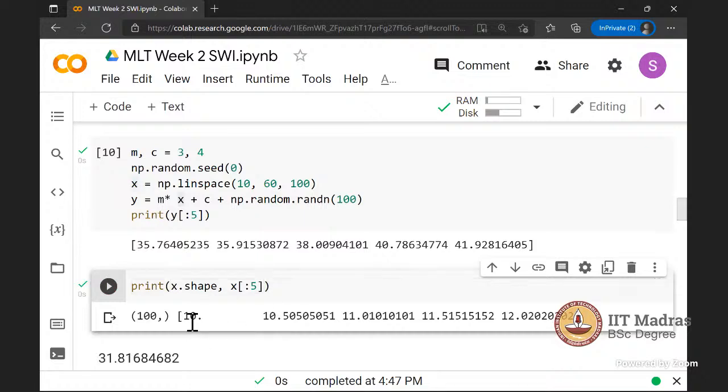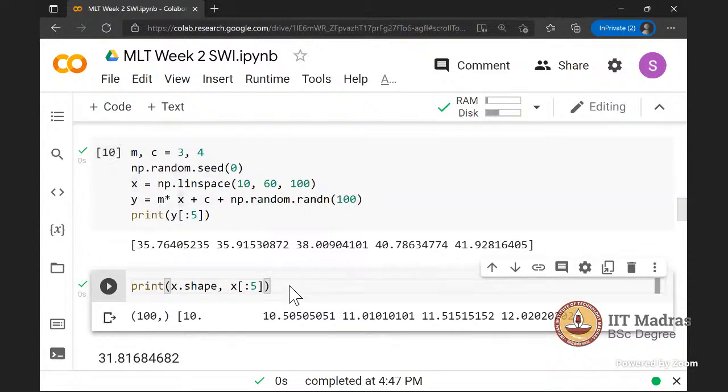So the first value is 10, and since all the data points are equally distributed, if you take any 2 consecutive data points and subtract them, you're going to get the same number. Okay, sir. Thank you. So is your question answered? Yeah. All right.